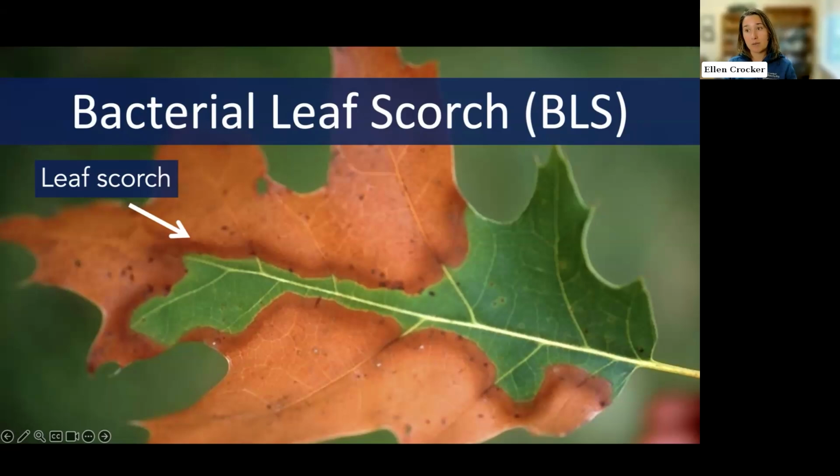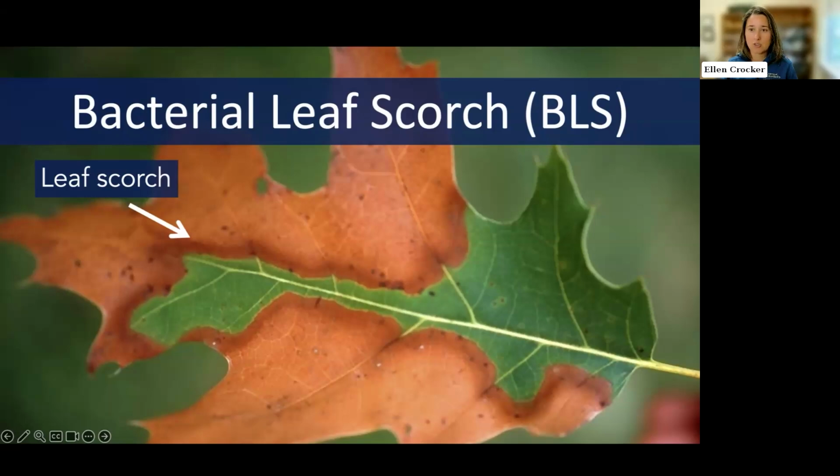So most of the time when you see browning too early in a red oak, in central Kentucky, northern Kentucky, bacterial leaf scorch is where I would first look, versus oak wilt, which is a greater concern and good to have on your radar, but is much more rare.